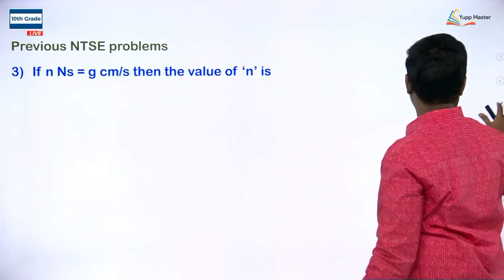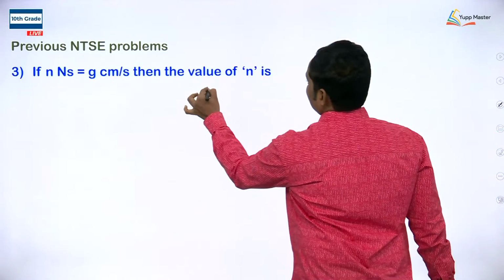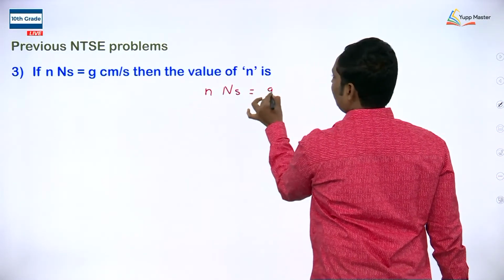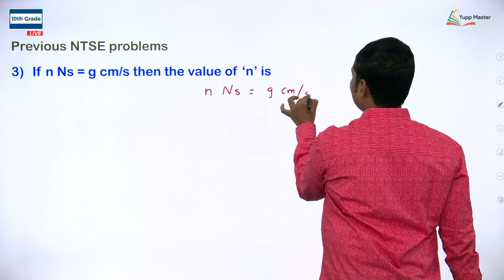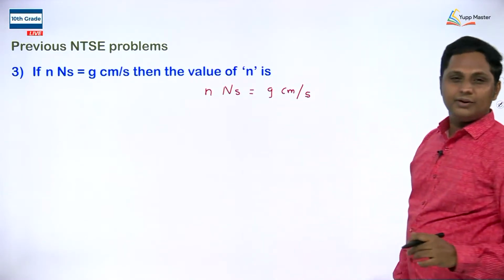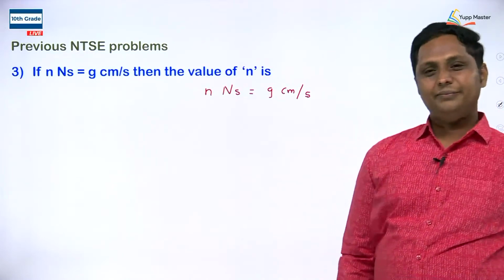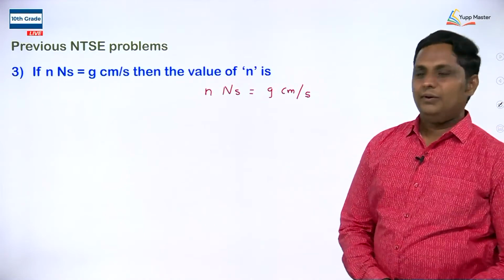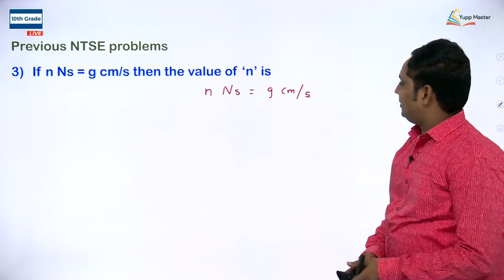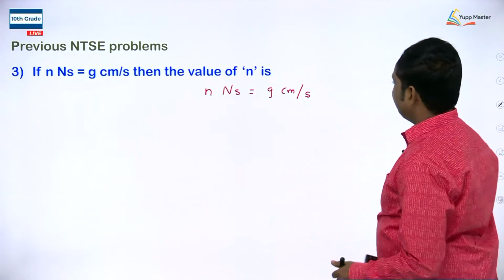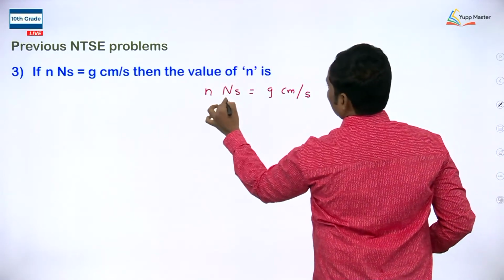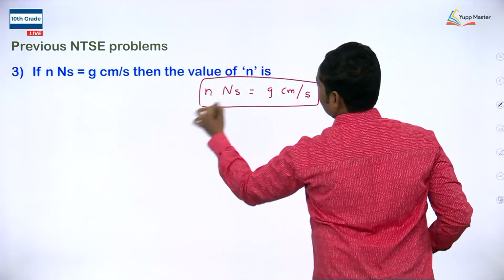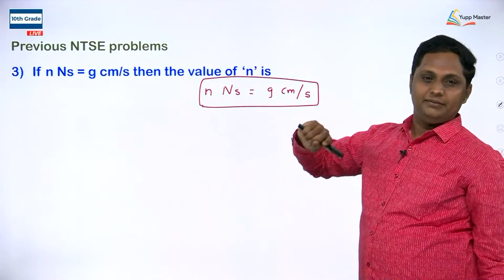We can take that expression and that, n Newton second is equal to gram centimeter per second, you have to take that. Just you can check that.